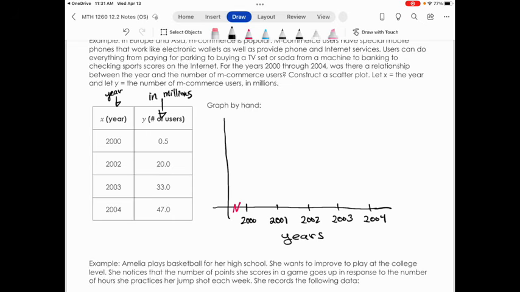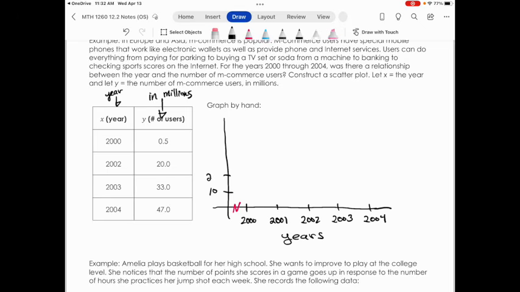Now, for the y-axis, we have a minimum value of 0.5 and a maximum value of 47. So I'm going to scale this from 0 to 50, and I'm going to go by tens. Now, you can choose how you want to scale it, but you want to try to stick close to your minimum and maximum value so everything doesn't get all squished in on the graph. It needs to be spread out somewhat reasonably.